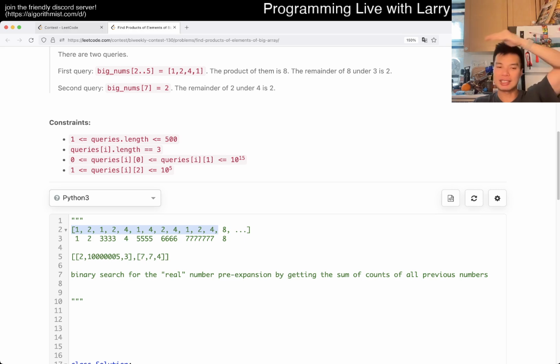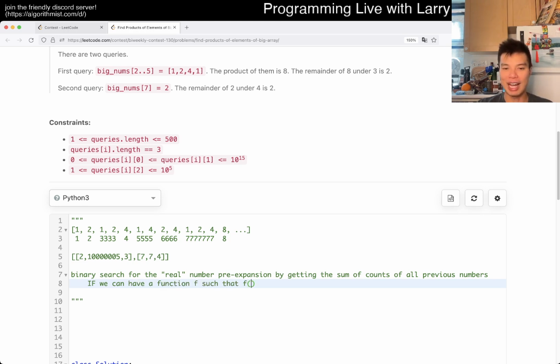And as you can see, this is monotonically increasing, and because this is monotonically increasing, we can do a binary search, right? Assuming that we can have a function f such that f of x is equal to some number t, where y is the sum of the count of all previous numbers, right?